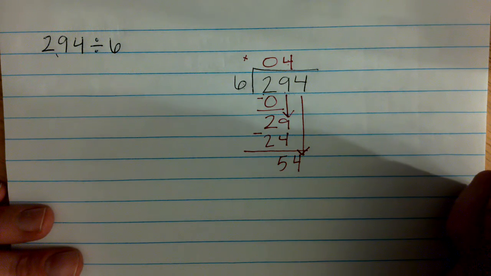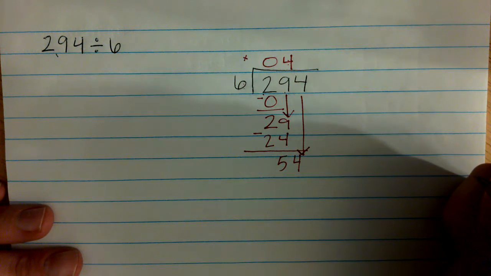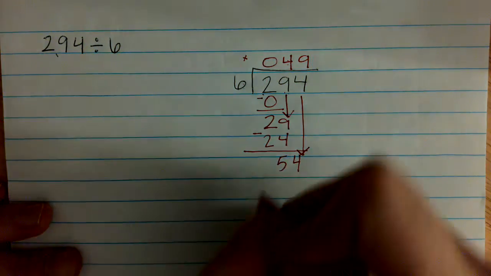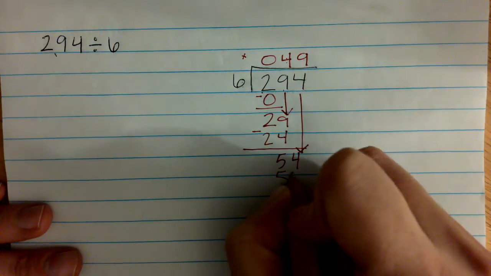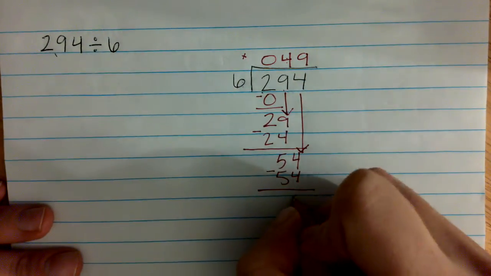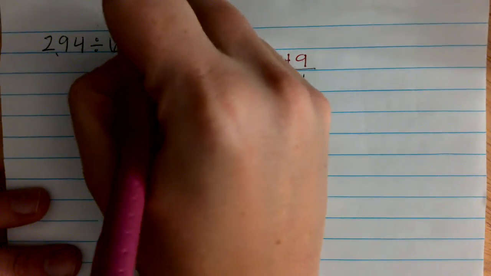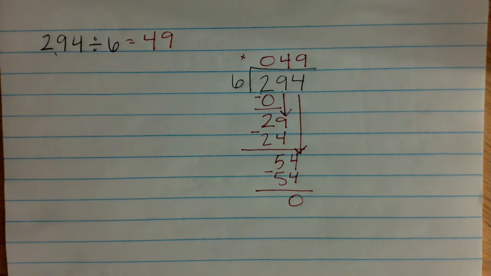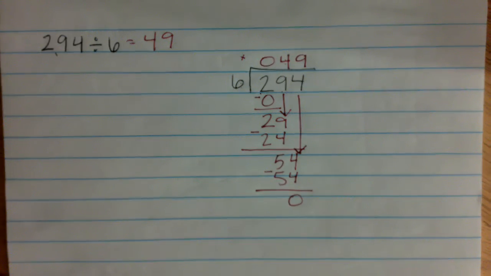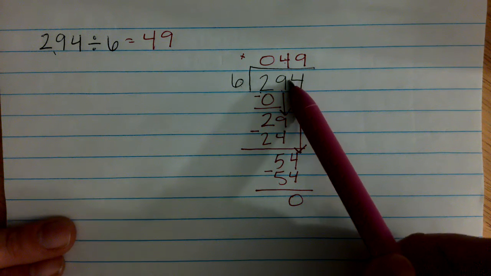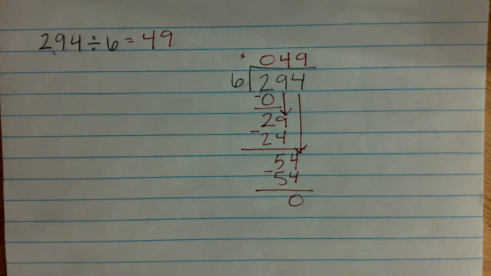Well, let's see. 9 times. 9 times 6 is 54. And that leaves me with 0 remainder. So my answer is 49. Okay. So instead of bringing this number over here, we're just bringing this number down.